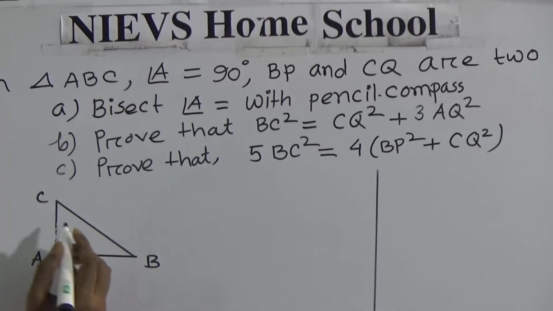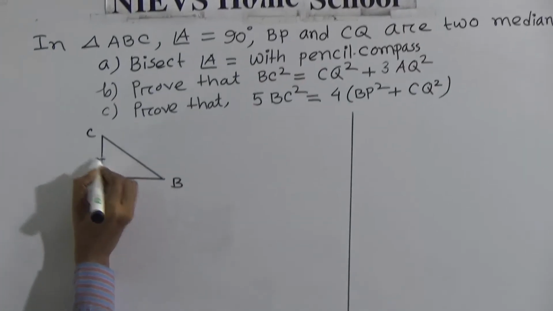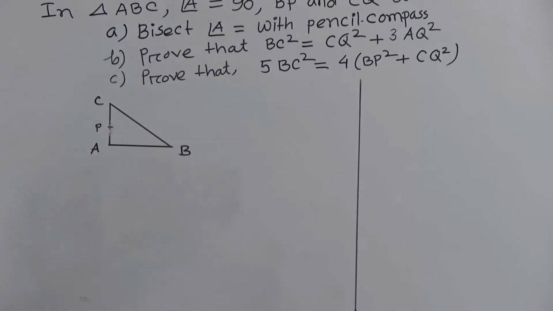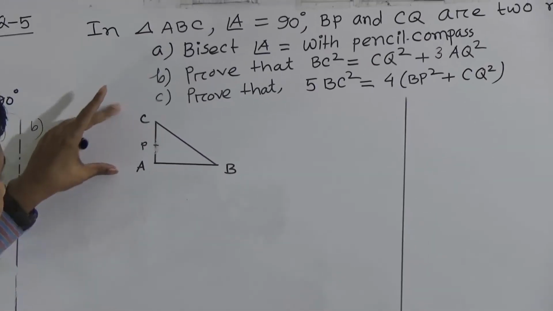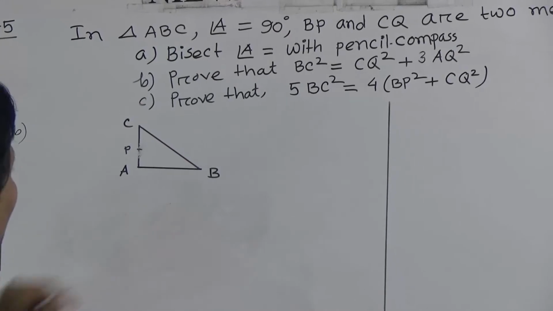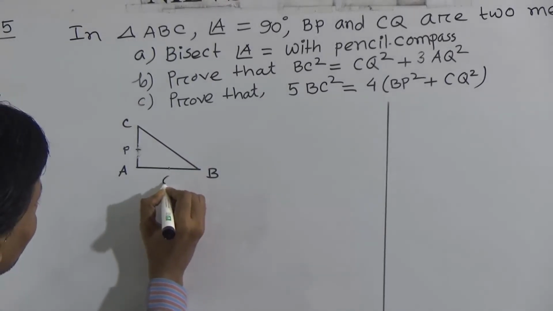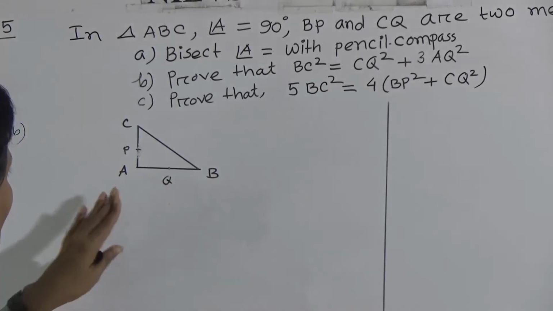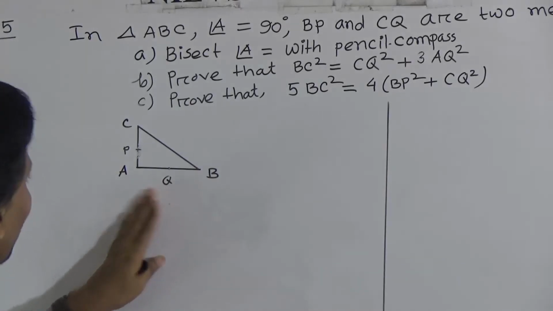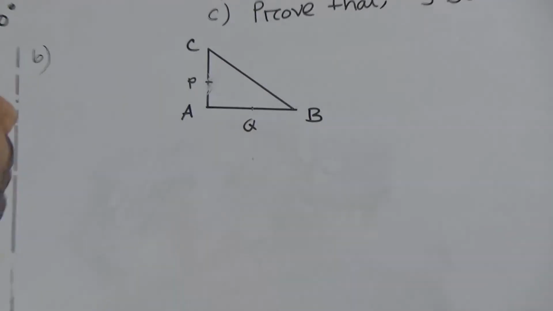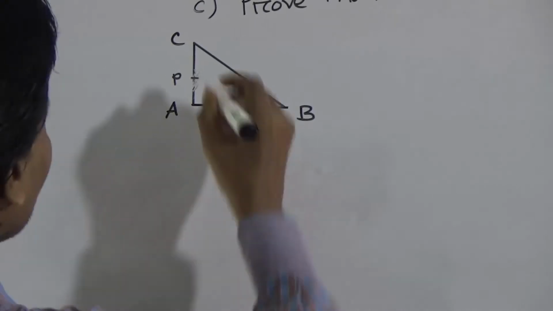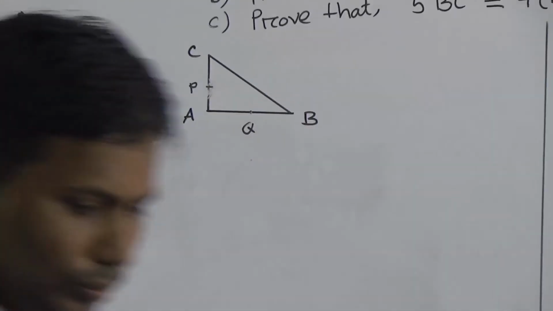That means you take a point P, that means P is the middle point of AC, and you take a point Q so that Q is the middle point of AB. Now join.